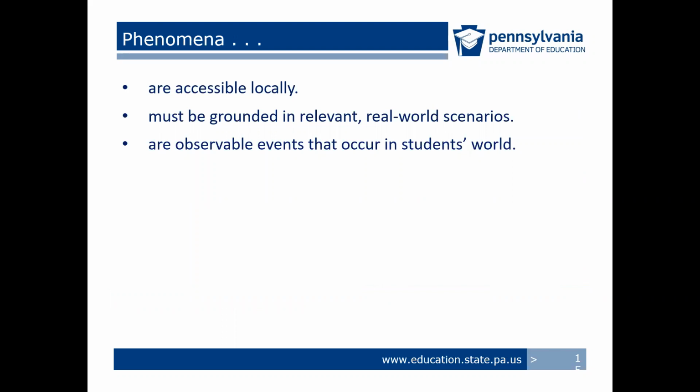Phenomenon is one of these things that we'll be going further in depth in later on in an additional webinar. But we need to remember that the phenomenon's accessible locally. It's relevant and it's observable that occurs in students' world. This makes it relevant for the student to get at the content utilizing the science and engineering practices.